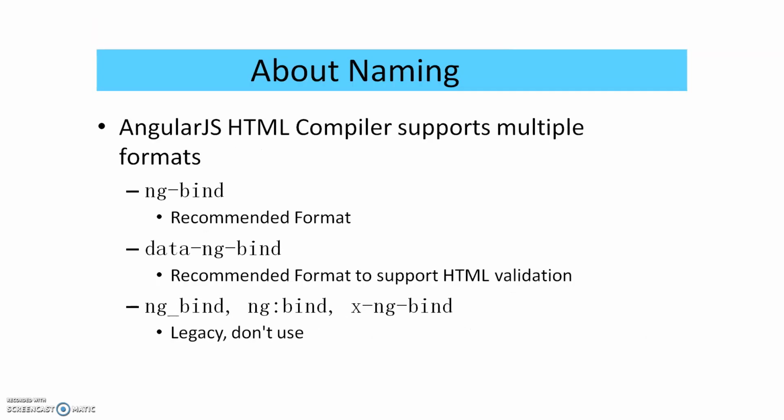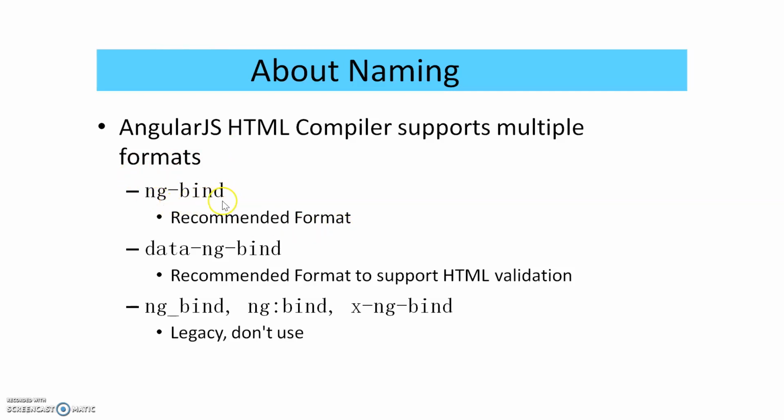Next feature. Okay, before going to the next feature, there are multiple naming conventions used in AngularJS, and those are supported by the HTML compiler. First is ng-bind, the recommended format.